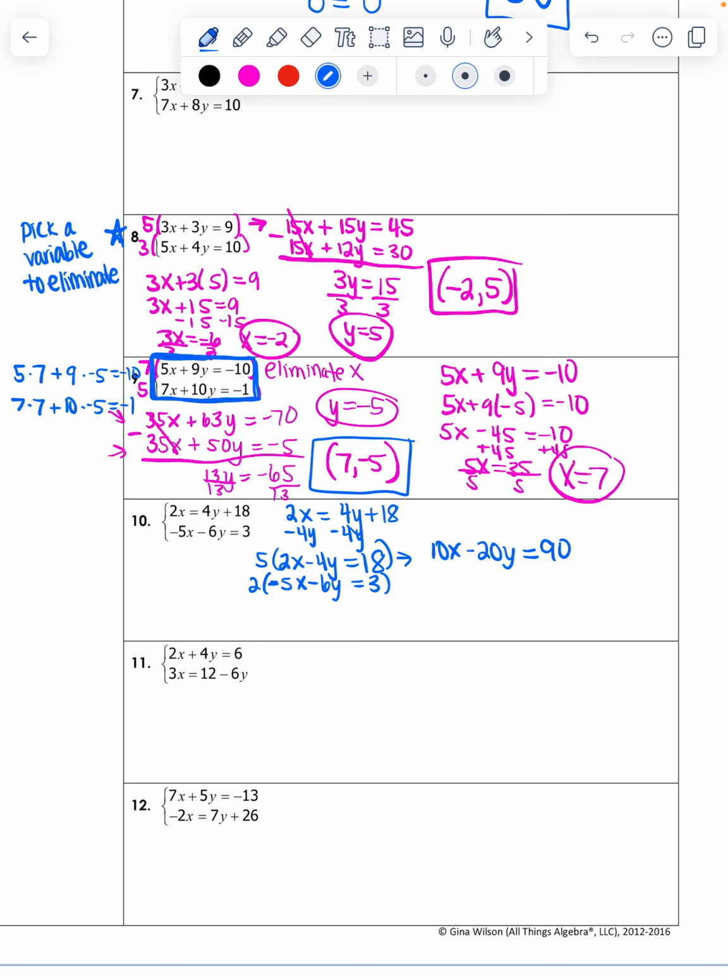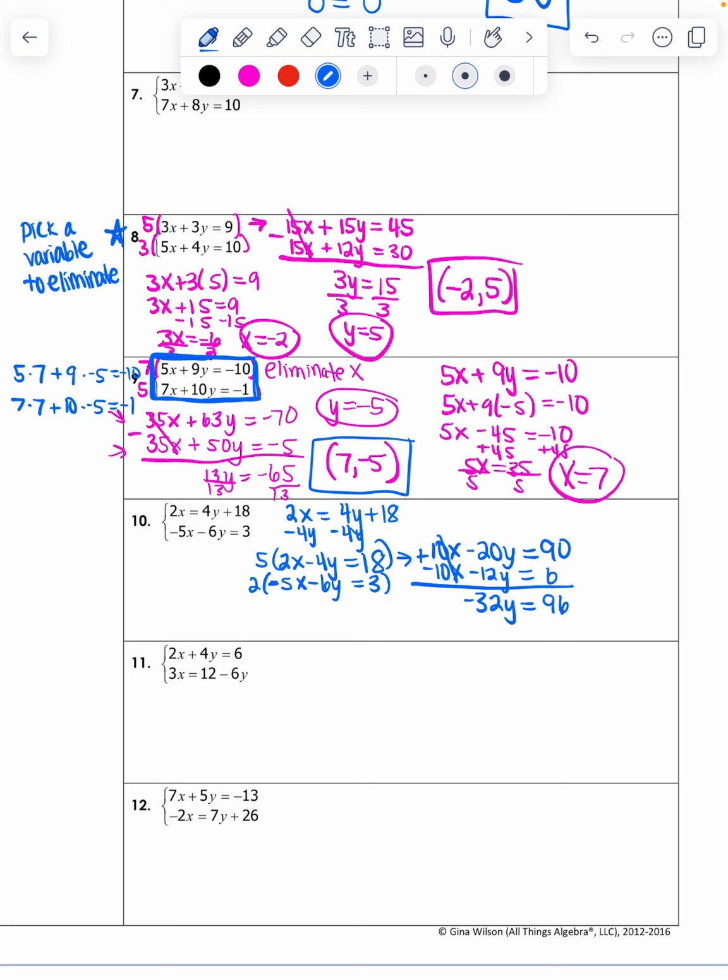And then 2 times negative 5x is negative 10x. 2 times negative 6y is negative 12y equals 2 times 3, which is 6. Add them together because we have opposites. These cancel out. Negative 20y plus negative 12y is negative 32y. 90 plus 6 is 96.